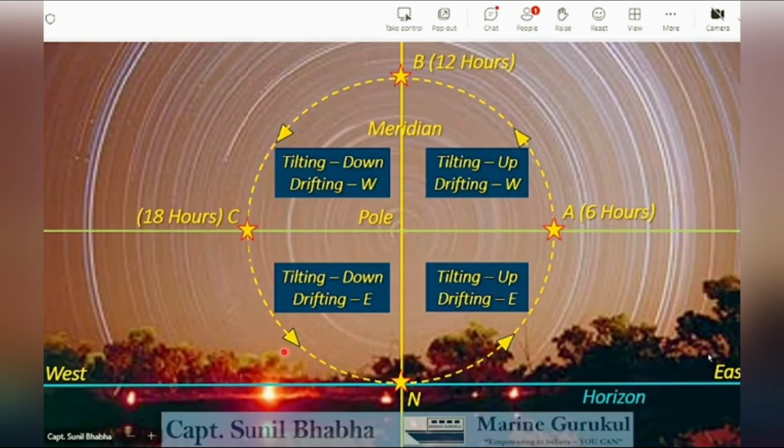And we can also find out what is the rate at which it is moving in the easterly direction or westerly direction. So what is the magnitude of tilting, or how fast is the spin axis going up or down, and what is the magnitude of drifting, or how fast the spin axis is going easterly or westerly, can be found using formulas which we will see one by one.